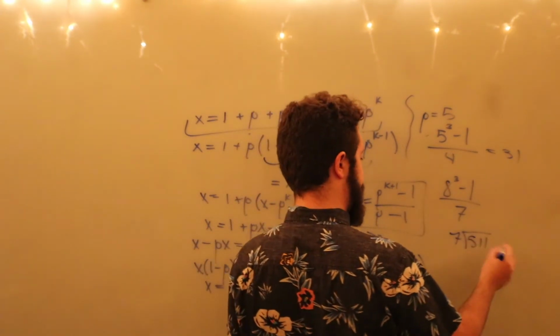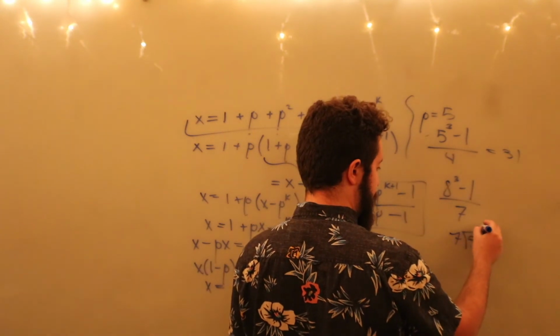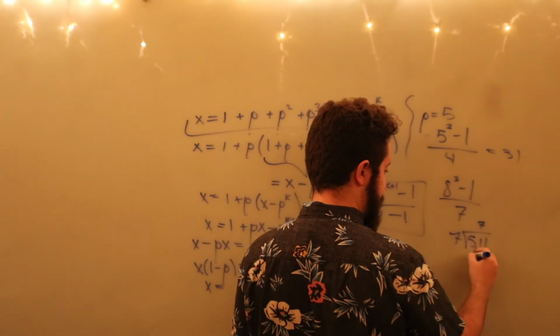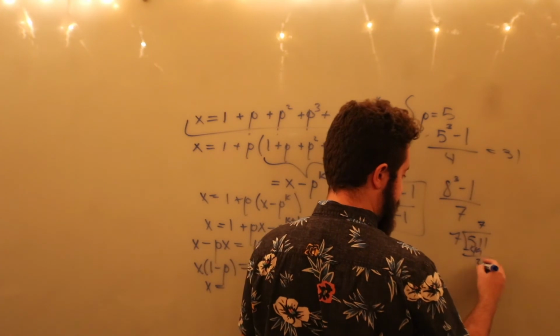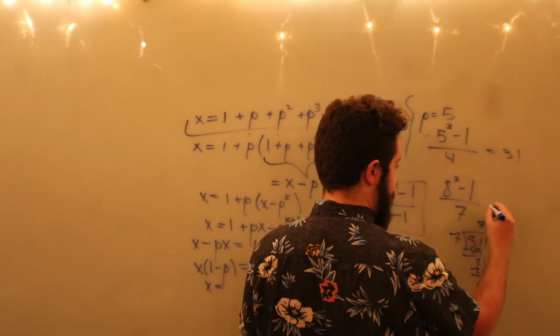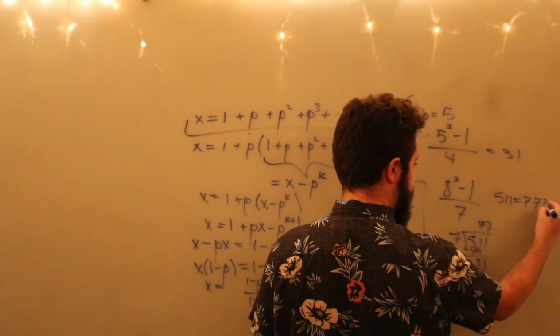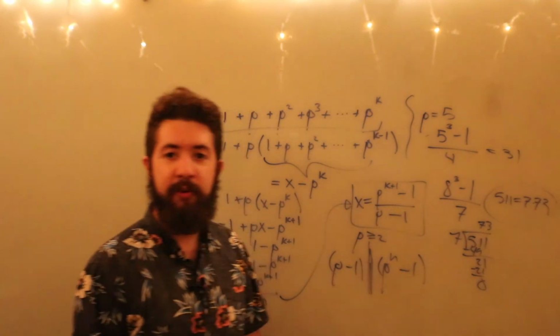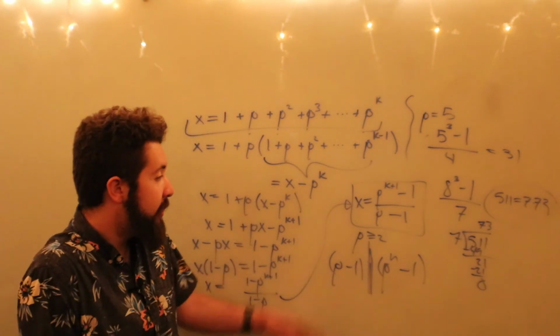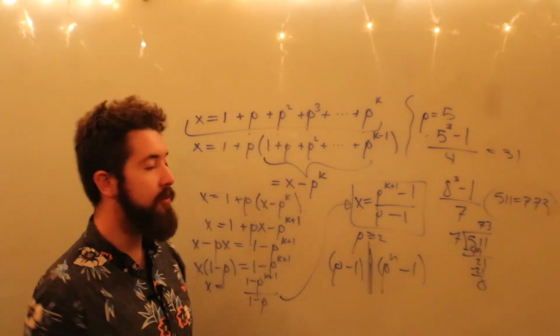Let's try it. 7 goes into 51 7 times. It's going to be 49. It's going to be 21, and it's going to be that 511 is exactly 7 times 73. And this is going to be true in general because this is a completely general thought process.